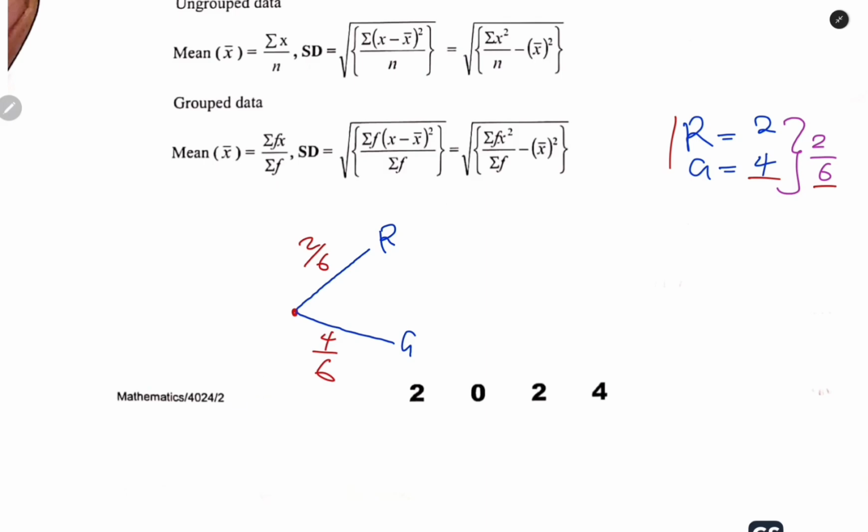Then for the second pick, if the red one was picked in the first part, what is the chance of picking the red in the second time? If a red was picked without replacing, the number of red beads reduced from 2 to 1.